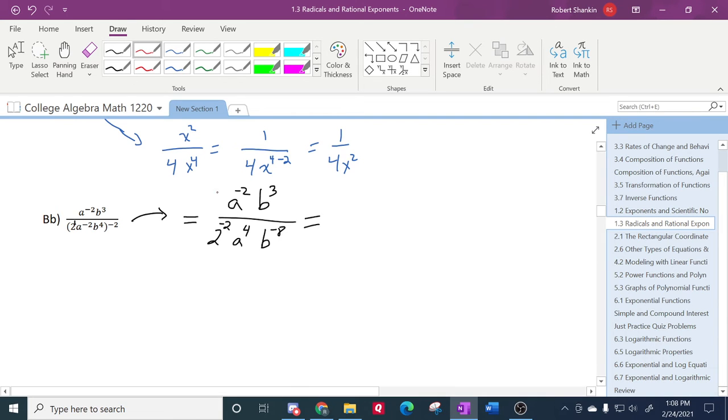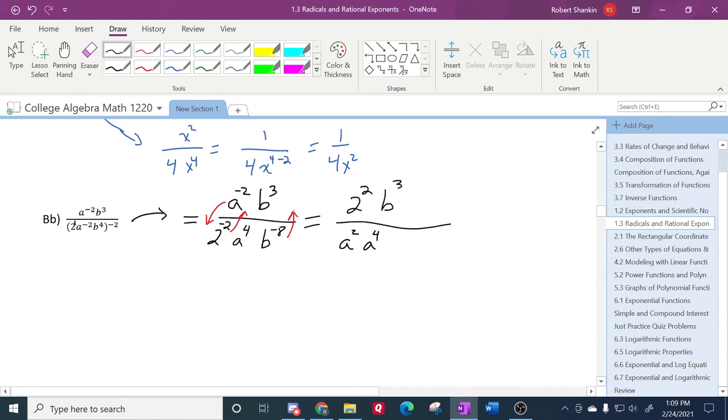And then everything with a negative exponent is going to change signs. So then I'm going to get 2 squared up top and b cubed up top. And on the bottom there's going to be an a squared and an a to the 4th.